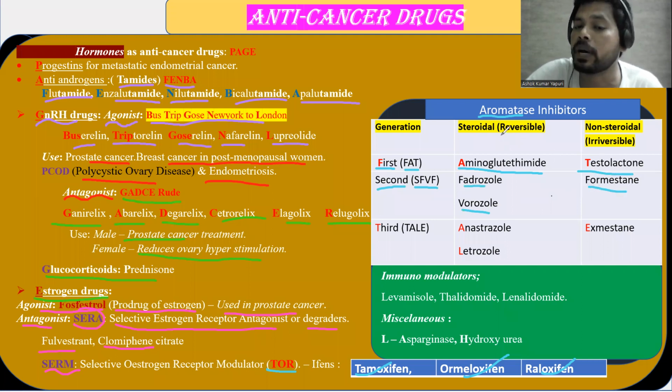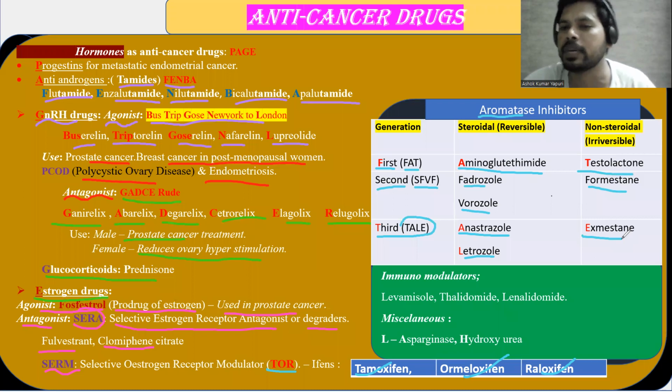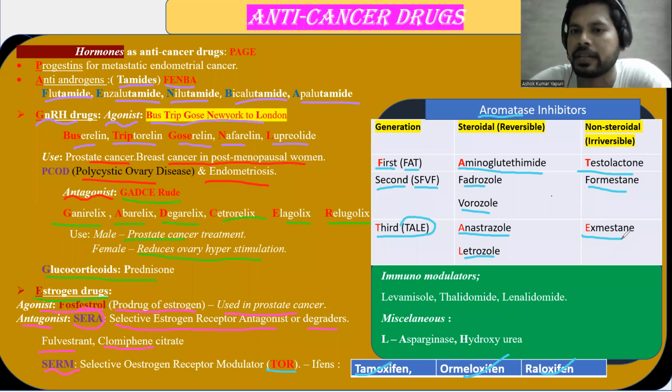Here you have to remember reversible steroidal: they have a steroidal structure, a steroidal nucleus. The non-steroidal irreversible category does not have the steroidal structure. Next, third generation with the mnemonic TAILE: T means third, A means anastrozole, L means letrozole, E means exemestane. That is aromatase inhibitors.